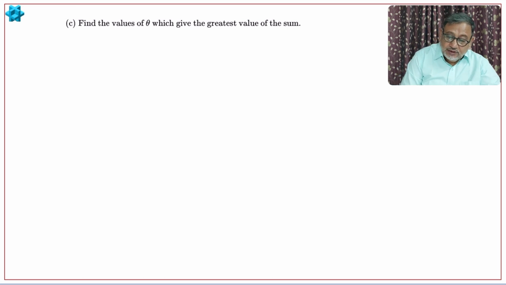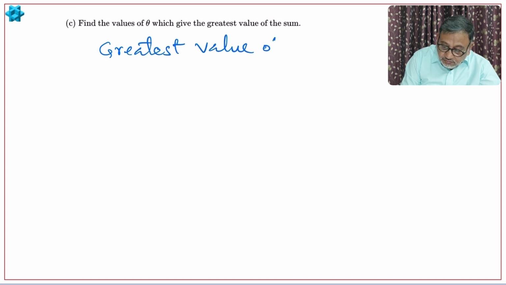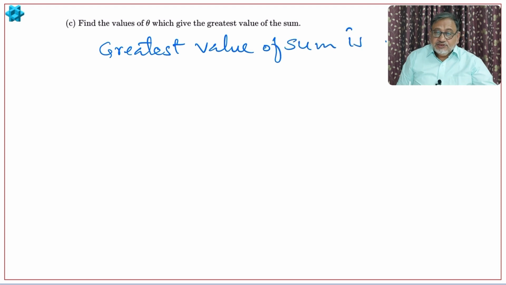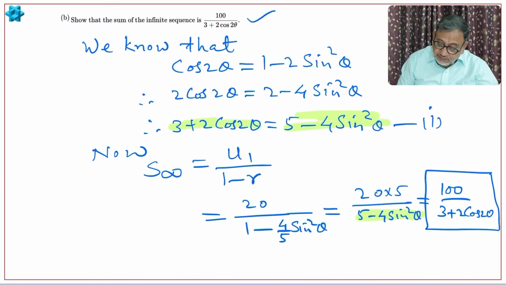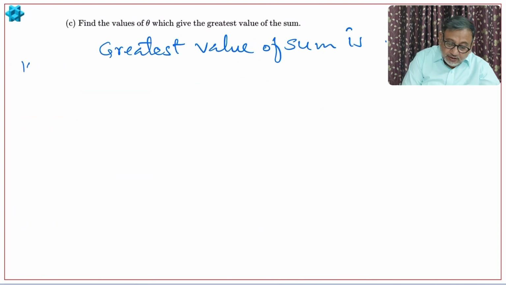Now look here, greatest value of the sum means S infinity. This is the sum, and the greatest value of the sum they want. The sum to infinity is 100 over 3 plus 2 cos 2 theta.